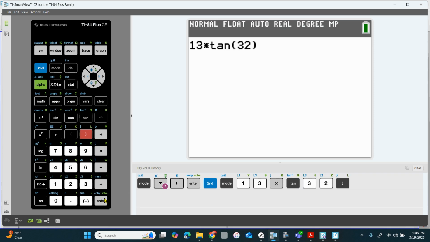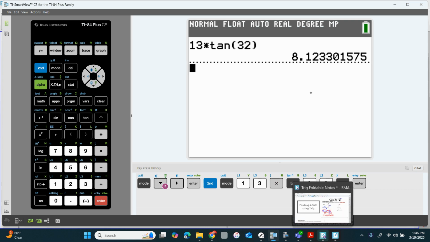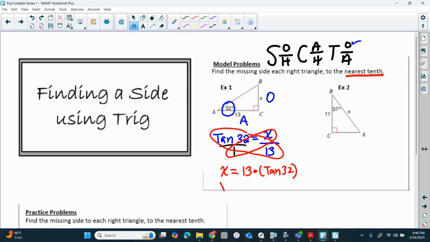Hit enter, and we're going to round this to the nearest tenth, so this is just going to be 8.1. So the answer x is approximately 8.1. Probably should have done a different color, but that's where we are.